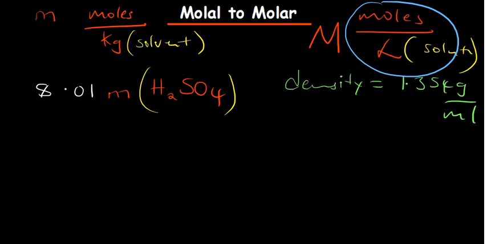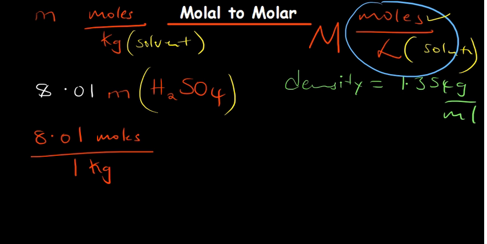That would mean we have 8.01 moles of the sulfuric acid in a kilogram of solvent. So at the start we already have our number of moles. The only thing we need to determine now is the volume of the solution. So how can we find the volume of the solution?